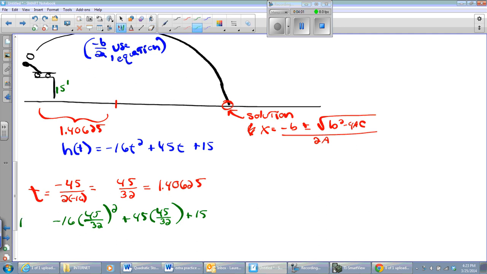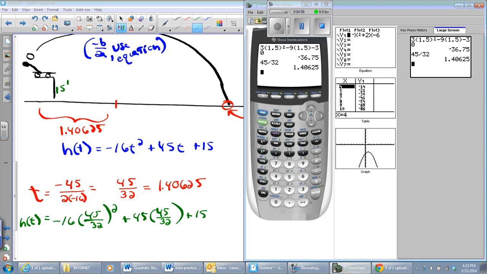All right, so h of t equals. I can go to my calculator at this point, and I'm going to type in negative 16 times 45 divided by 32.